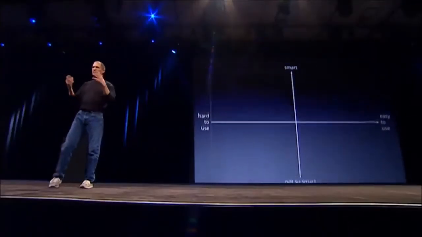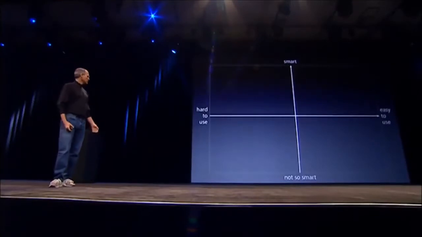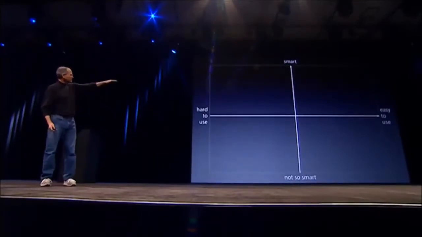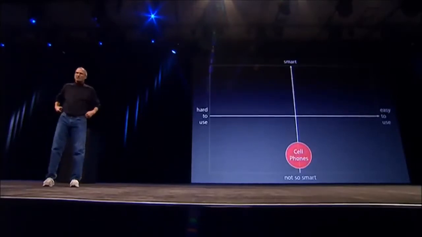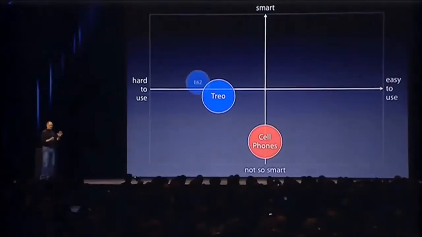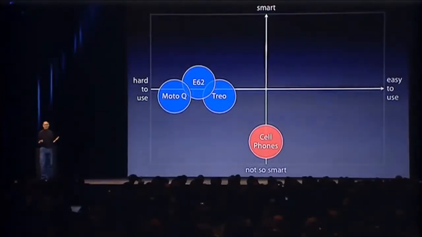And the problem is that they're not so smart and they're not so easy to use. So if you kind of make a Business School 101 graph of the smart axis and the easy to use axis, regular cell phones are kind of right there. They're not so smart and they're not so easy to use. But smartphones are definitely a little smarter, but they actually are harder to use. They're really complicated. Just for the basic stuff, people have a hard time figuring out how to use them.